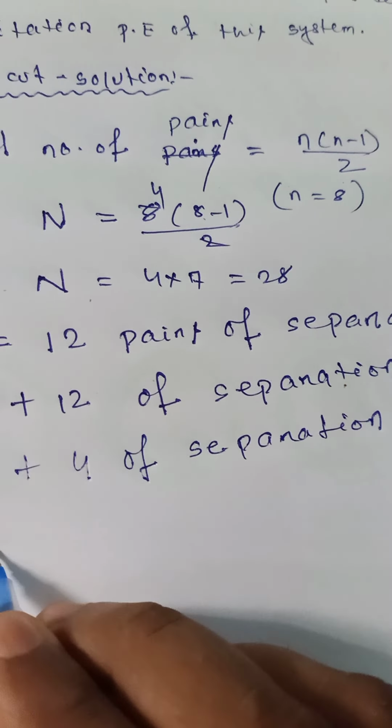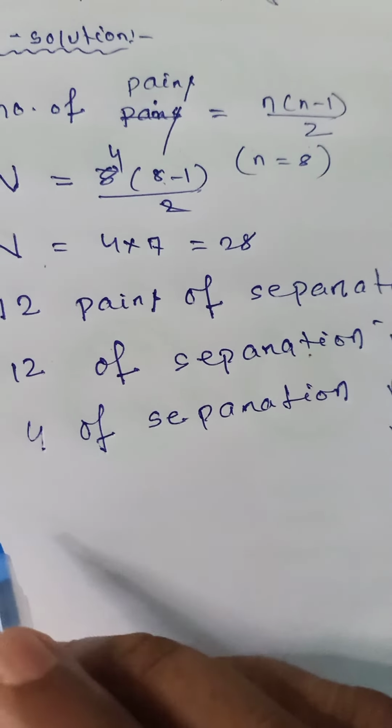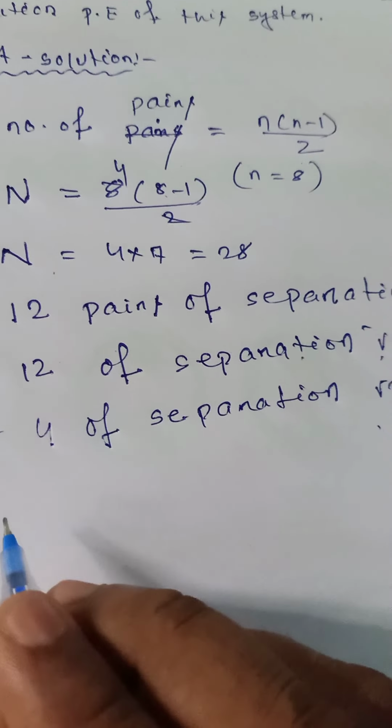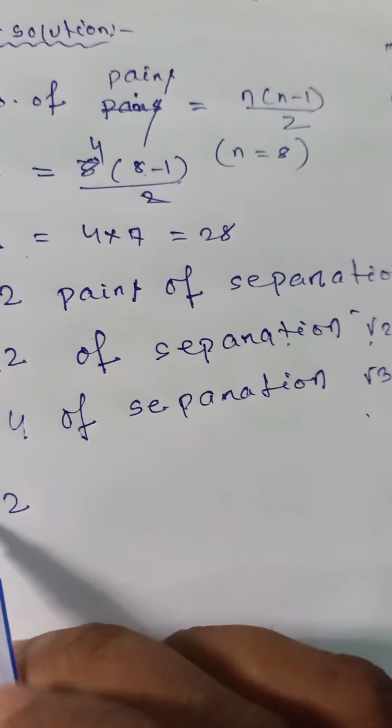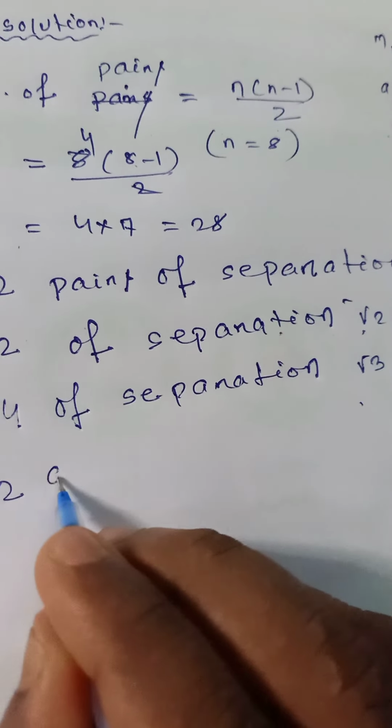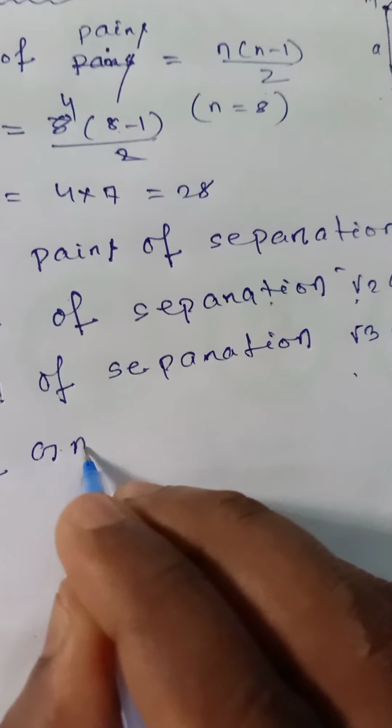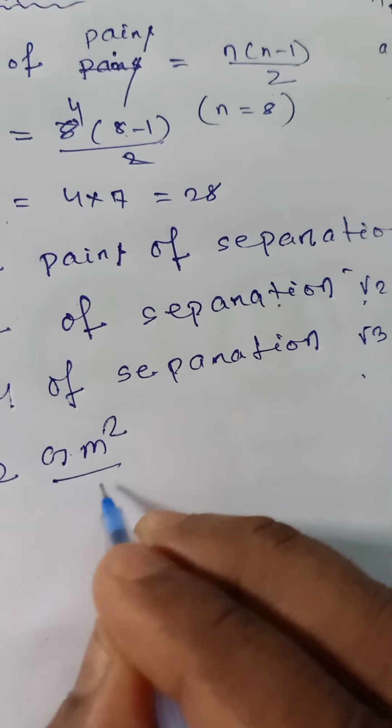So that is the gravitational potential energy. The potential energy of a pair is minus G m squared divided by a.